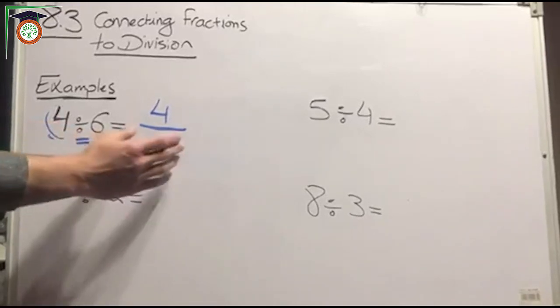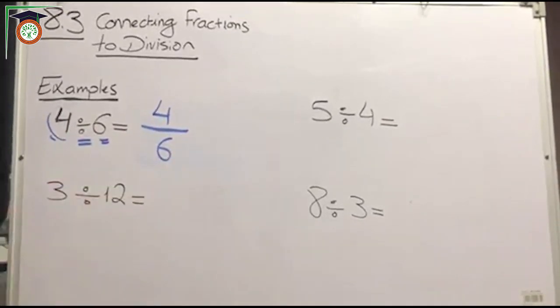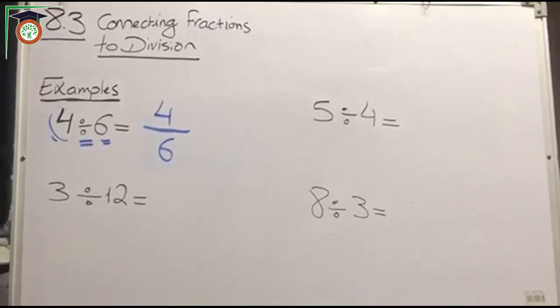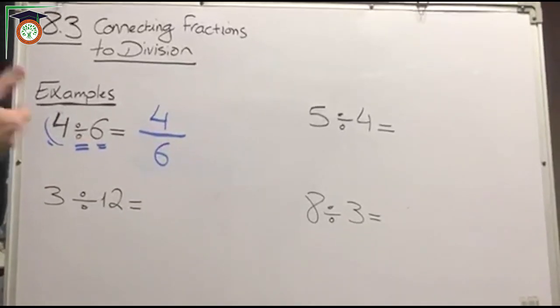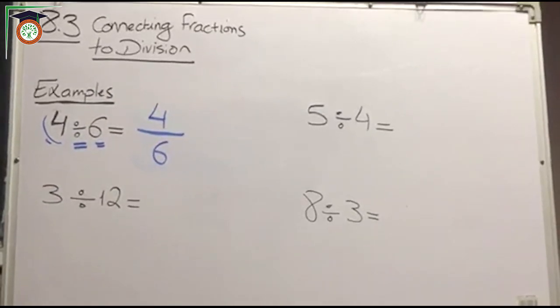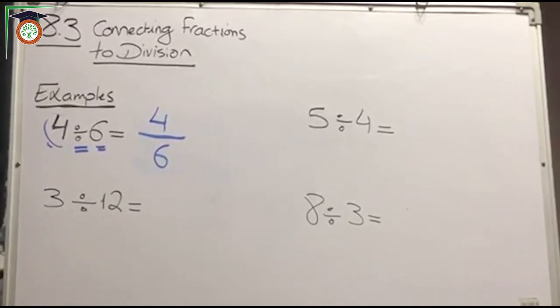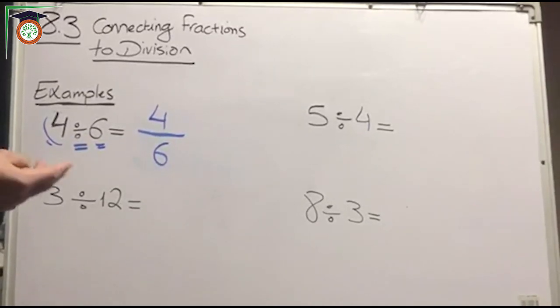Now you have to ask yourself, should I stop here? Is this the simplest form for the fraction, 4 over 6? You gotta ask yourself, where do 4 and 6 meet in a timetable? Which timetable has 4 and 6 in them as a product? Let's try timetable 2. I have 1, 2, 3, 4, 5, 6, 7, 8, 9, 10.